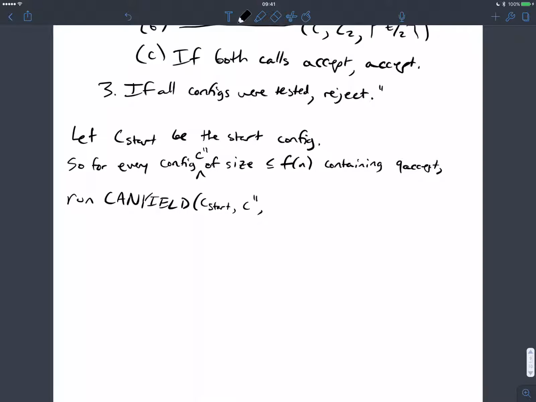It's a constant number of cells that could appear in the first cell, constant number in the second, constant number in the third, all the way to f of n. So it's just an exponential number in terms of f of n. So here we'll just put 2 to the O of f of n time. Because I can't use more than that amount of time if I'm restricted to f of n space.